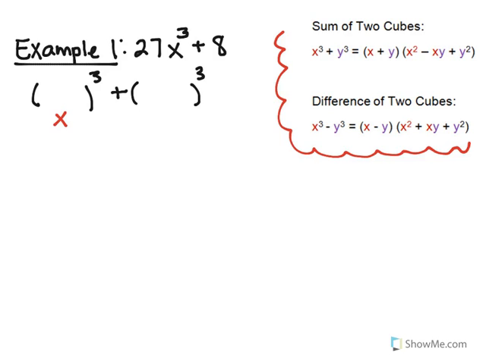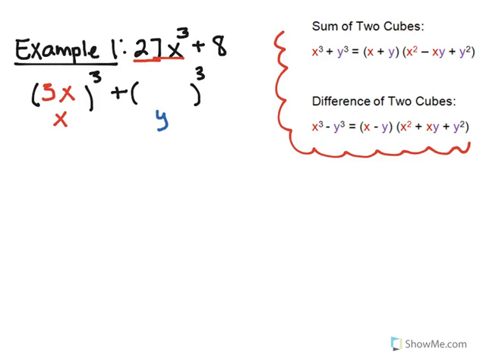And I'm going to use blue instead of purple because I don't have purple up here in my color box. So let's think of what we could cube to get 27x cubed. First of all, to get the 27, I know that that's going to be a 3. That's going to be 3 cubed, which is 27. And then I have to do x as well, because x cubed is x cubed. So that's the first part there.